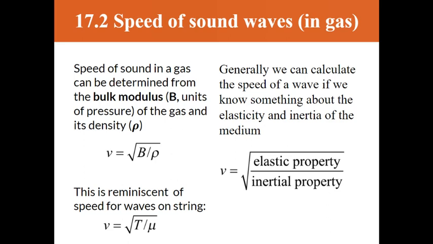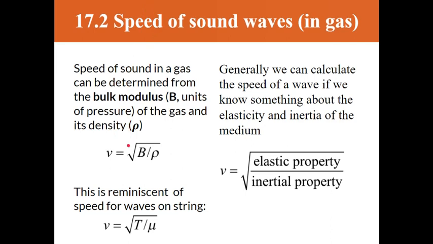Then there's this inverse proportion with the inertial property, because that tells you how much mass is there, how much is getting in the way, how much needs to be accelerated to get some speed going. So the more of an inertial property something has, so it's more dense or has a bigger linear mass density, then the harder it is to get it going, to get up to a decent speed.